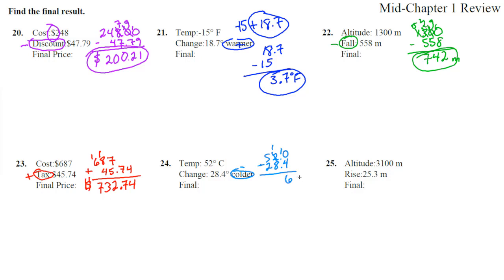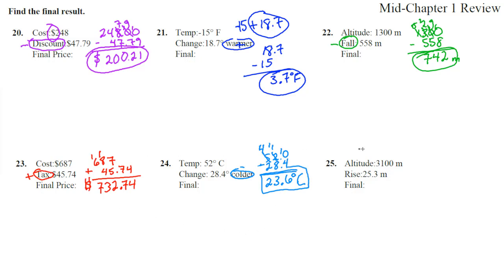Subtract 4 is 6. 1 minus 8, we can't do that, so borrow from the 5, and that leaves a 4 there, and it's 11 minus 8 is 3, 4 minus 2 is 2, 23.6, because the decimal comes straight down, degrees Celsius, and that's the final temperature.